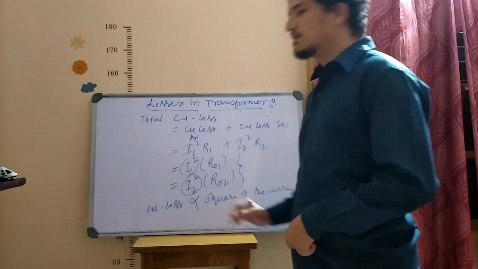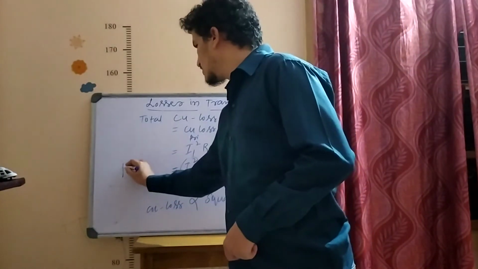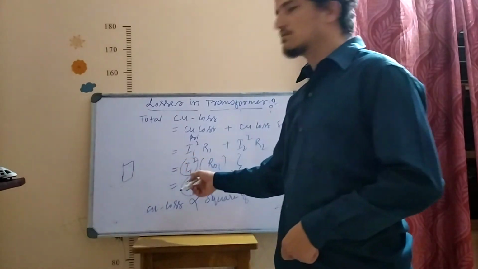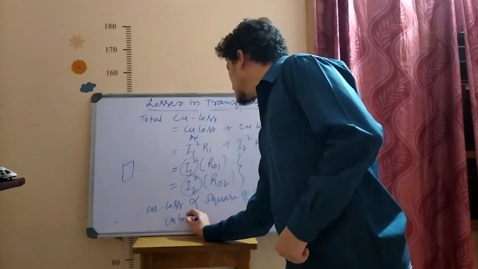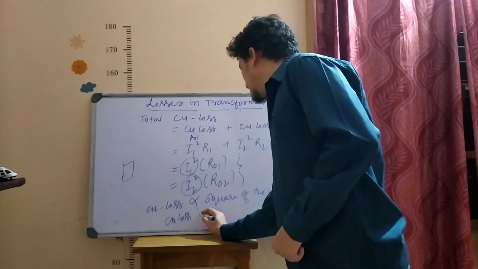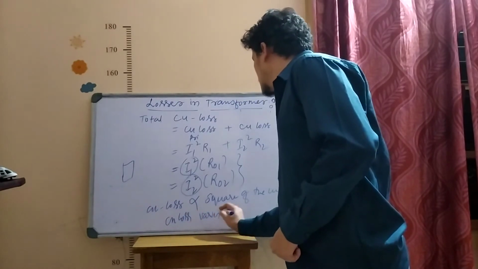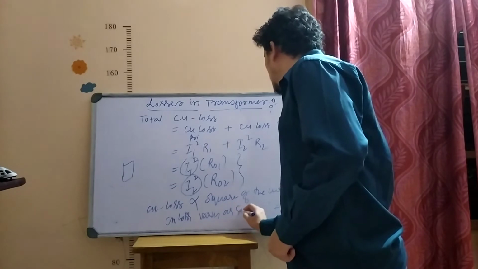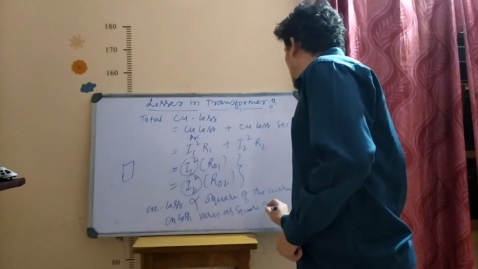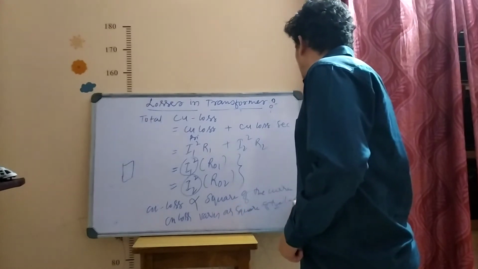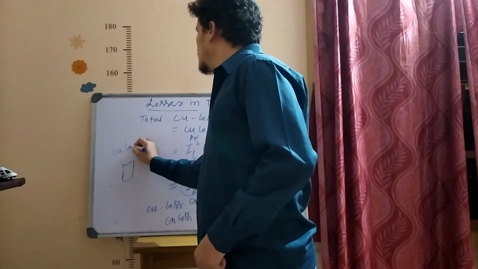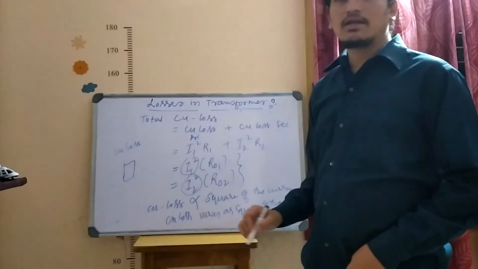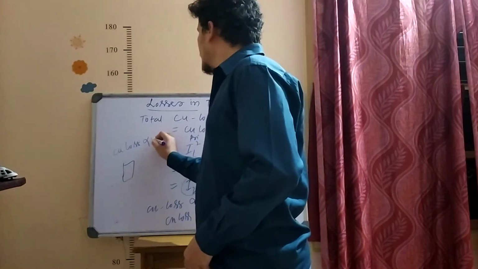Both the primary and secondary current mainly depend on the load. If the load increases, the current also increases. Now I can say copper loss varies as the square of the load.